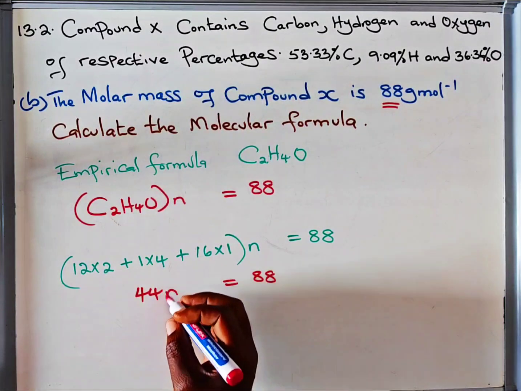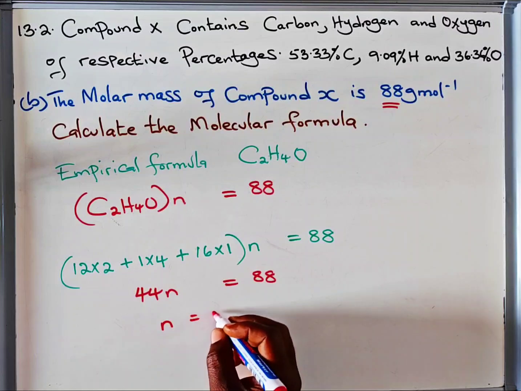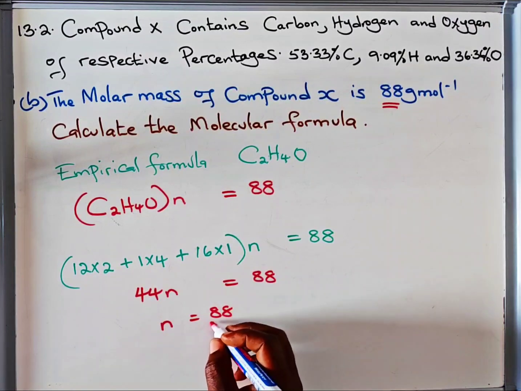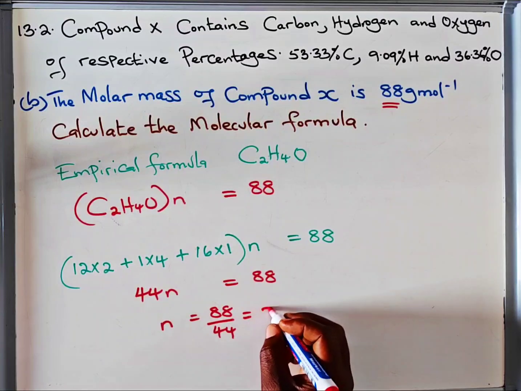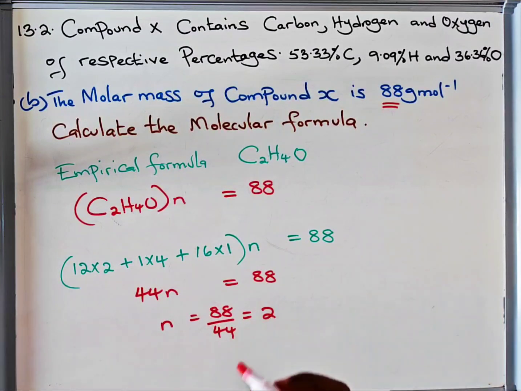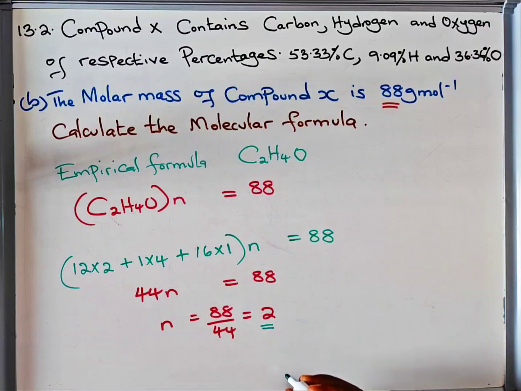And what do we do? You find n. So n is going to be 88 divided by 44, giving us 2. So n is 2. And what does that mean?